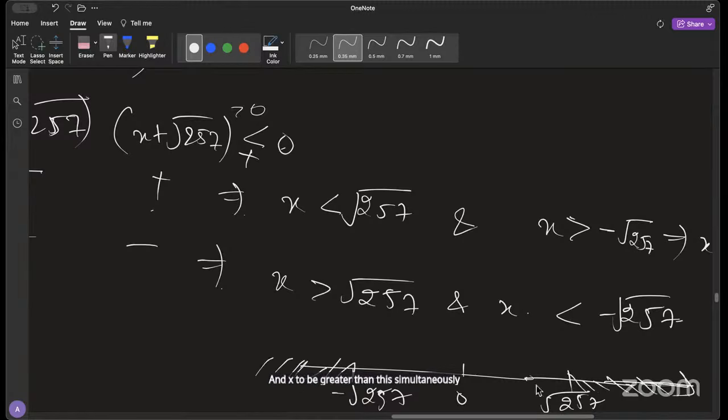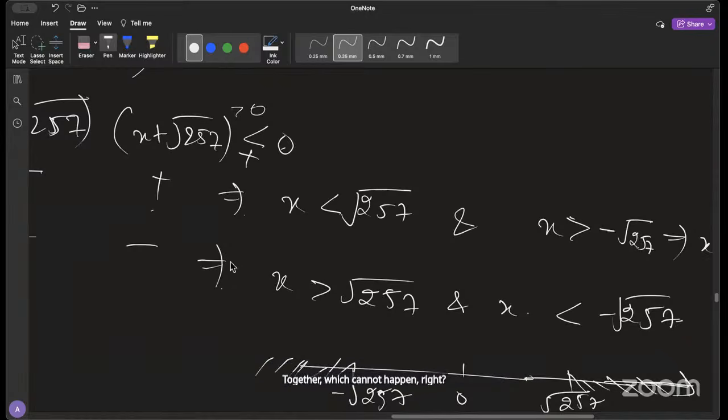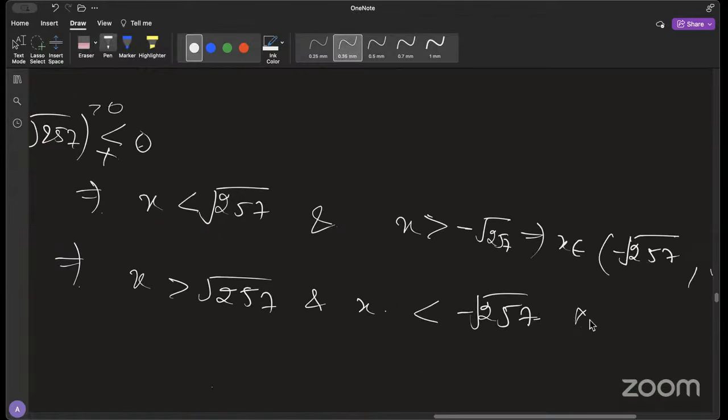That means you want both these conditions to be true together, which cannot happen, right? That's why this set is not possible.